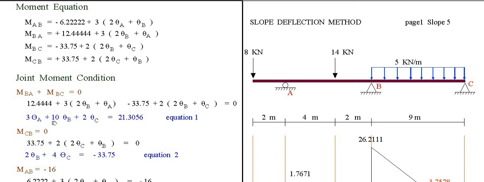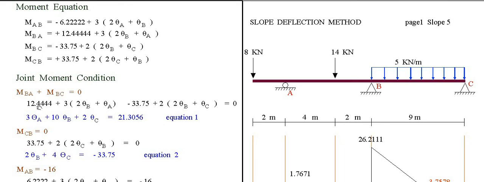Then theta B, we have this 6 theta B, we have this 4 theta B, so that if we add these two it becomes 10 theta B. Then theta C, this one only, times 2, or 2 theta C. Then equate that to the constant.